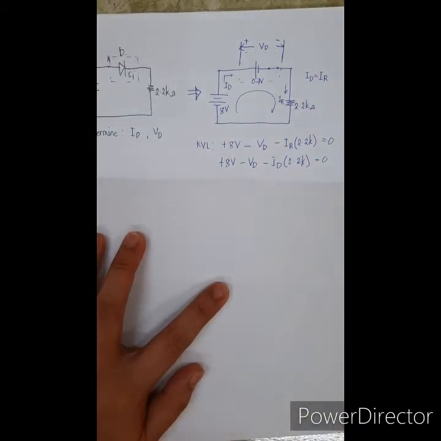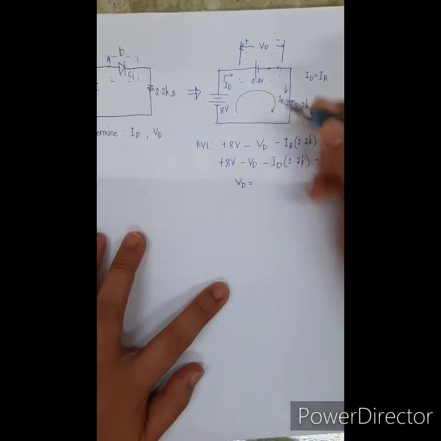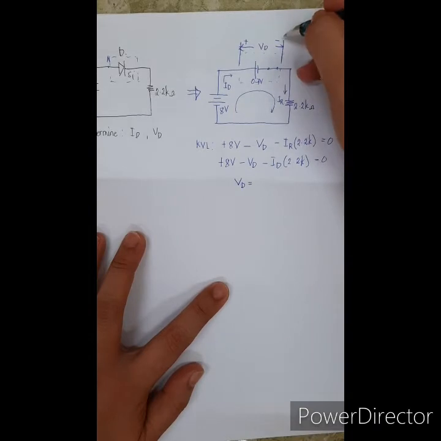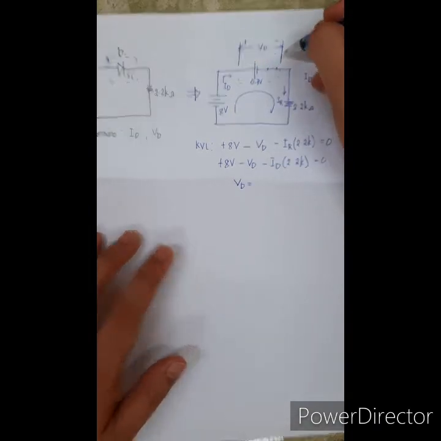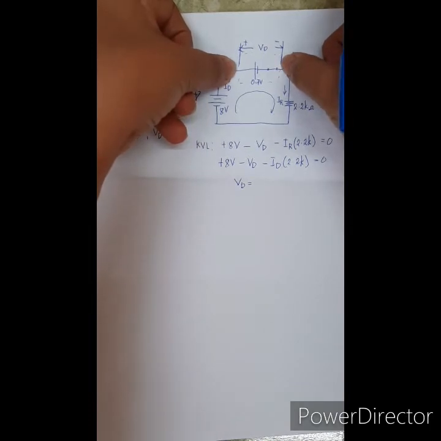But, take note, VD is equal to, what is the voltage drop across the diode? For simplified circuit, it is equivalent to the knee voltage, which is 0.7.